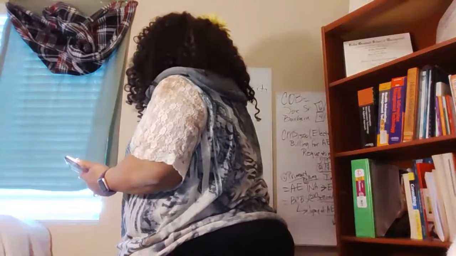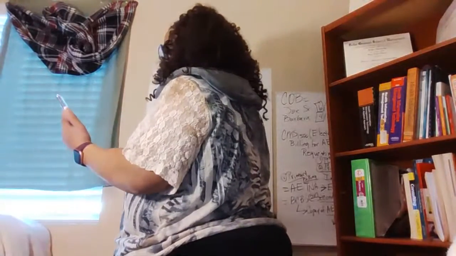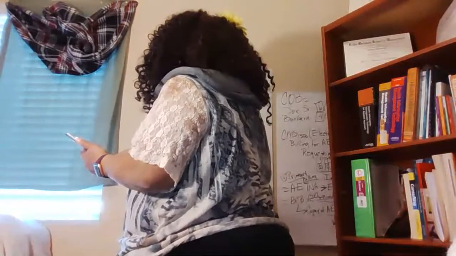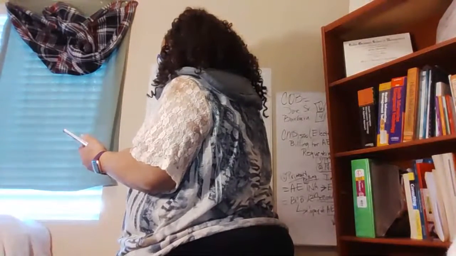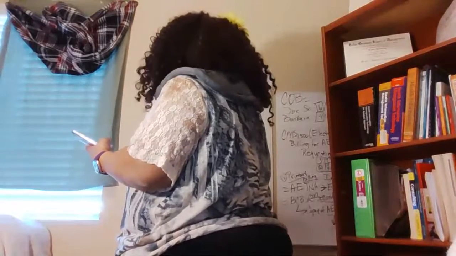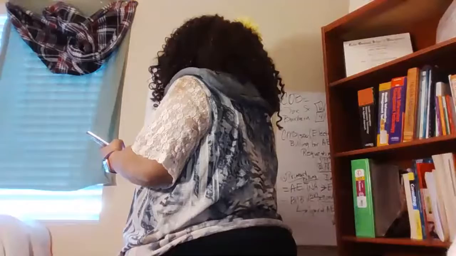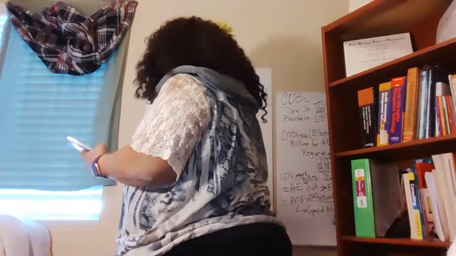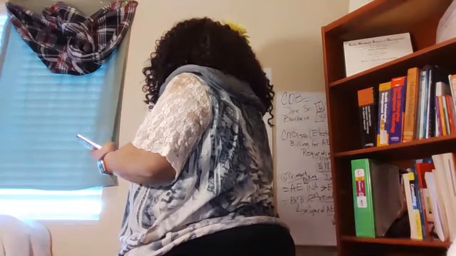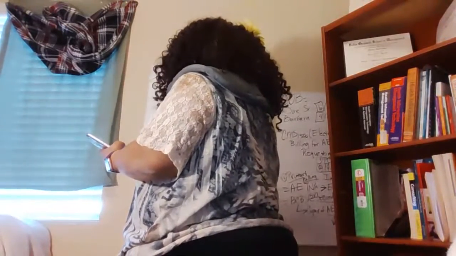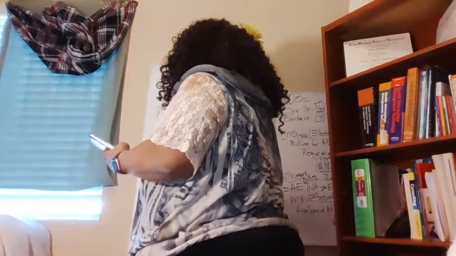Okay, so we have choice A. Choice A says 4 times 5 equals 4 times 5. B says 4 times 5 equals 5 times 4.